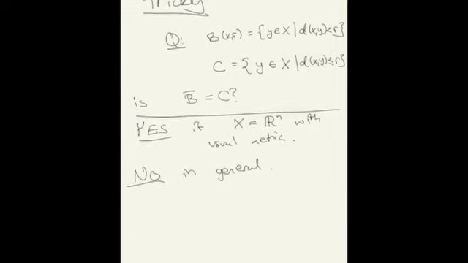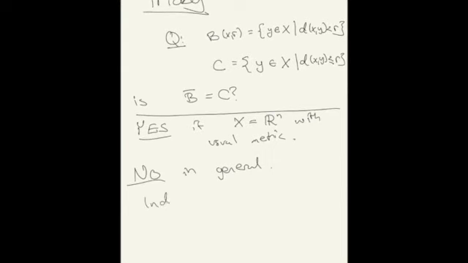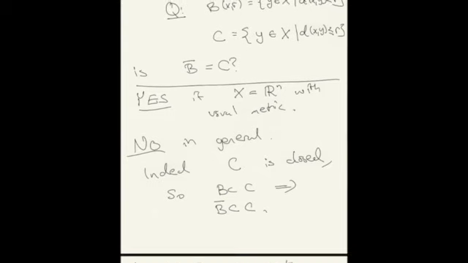Indeed, next, we will show that C is closed. So because B is a subset of C, then by what we just showed, the closure of B is a subset of C. So B bar is always a subset of C, but they're not always equal.